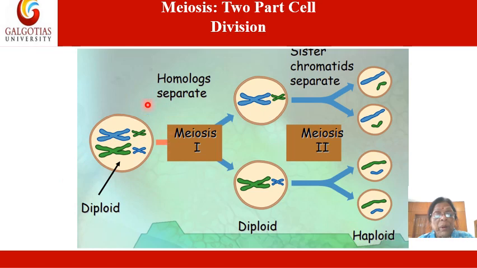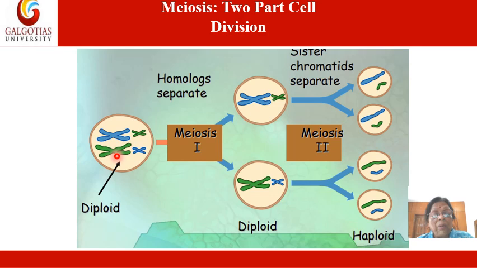This is the normal diploid cell. During meiosis, the first stage is meiosis 1, when the homologous chromosomes separate, here and here. So the homologous of this chromosome is this.